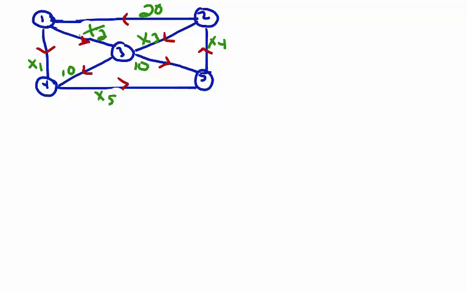Starting with junction 1, I can see that x1 plus x2 is equal to 20. Since I know that the total flow in equals the total flow out, the sum of x1 plus x2 is equal to 20.